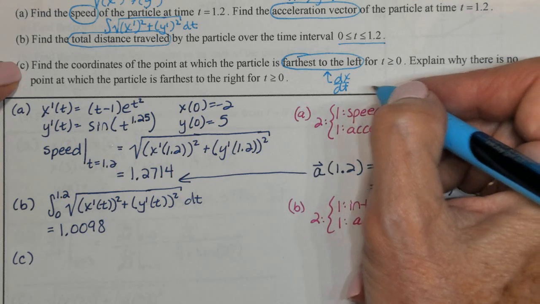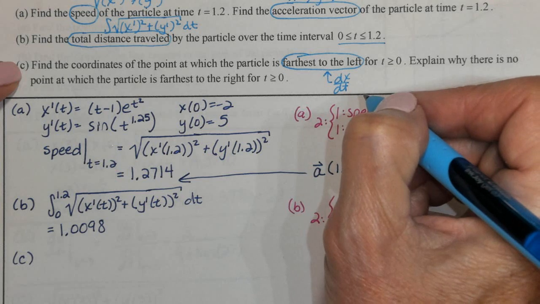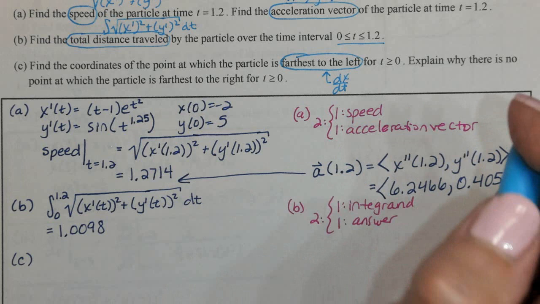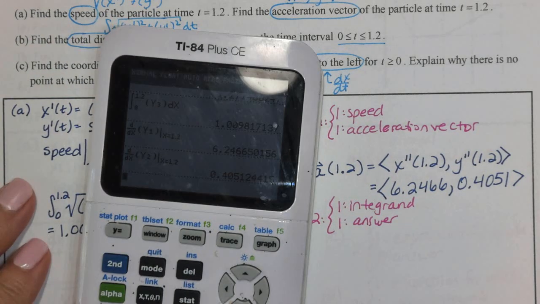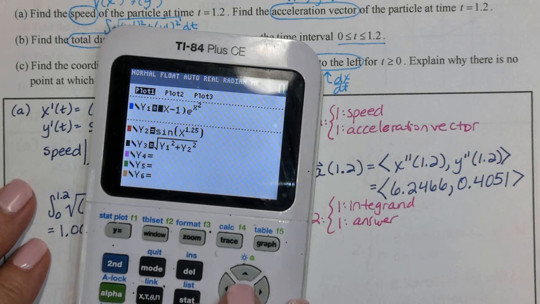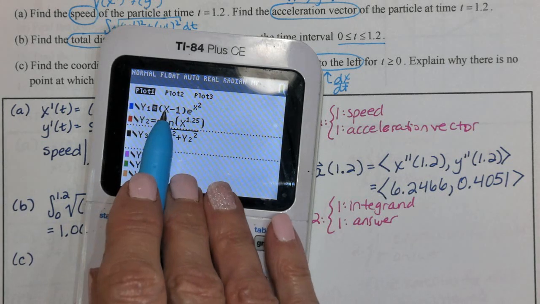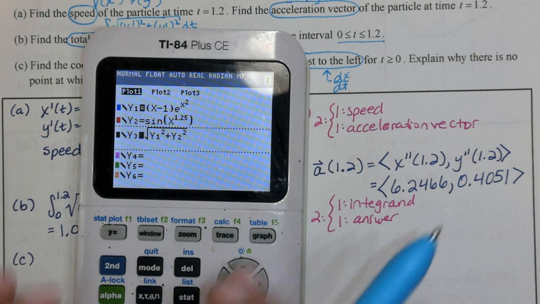What value of time makes dx/dt the smallest number? Kind of the most negative number. Okay, so I'm only going to be taking a look at x prime here. So I'm going to go to my calculator. I'm going to turn off y2 and y3, leaving only my y1, my x prime.